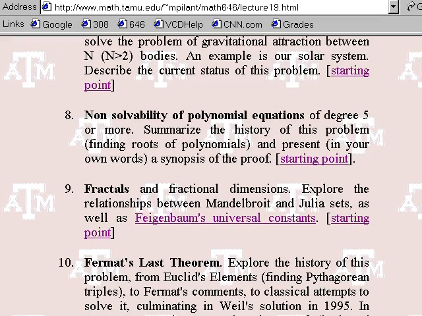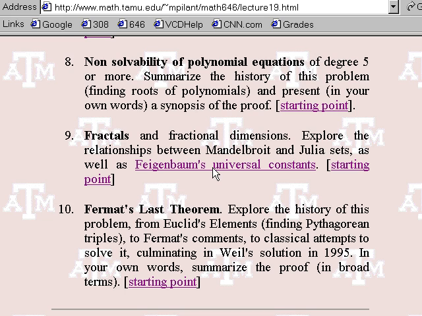The solvability or non-solvability of polynomial equations, fractals and fractional dimensions, and there's a very nice little foray you can make in what's known as Feigenbaum's universal constants, and I gave a starting point. Of course, there's the big open problem of the last 2 centuries. I was reading that Fermat's last theorem has the distinction of being the theorem with the most incorrect published proofs.